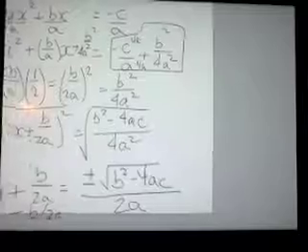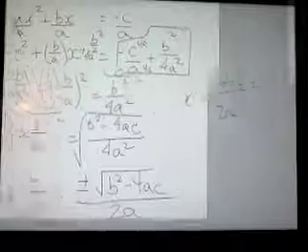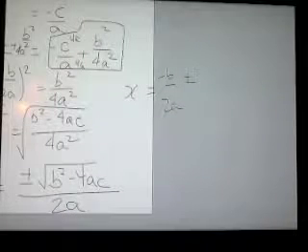Then all I have to do is subtract the b over 2a to the other side, and I am left with x equals negative b over 2a plus or minus the square root of b squared minus 4ac over 2a.